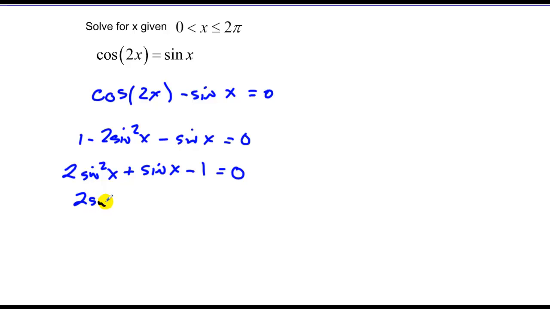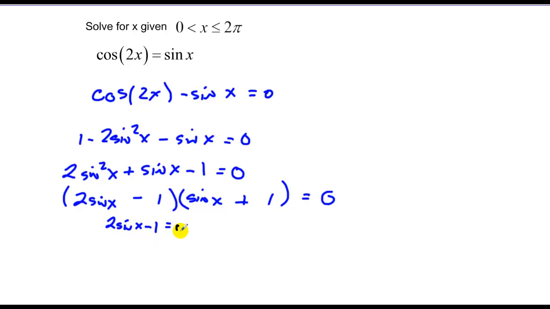Therefore, I have 2 sine of x, sine of x, 1, 1, plus here, minus here. So 2 sine of x minus 1 equals 0. Sine of x plus 1 equals 0. Therefore, sine of x equals a half, and sine of x equals negative 1.